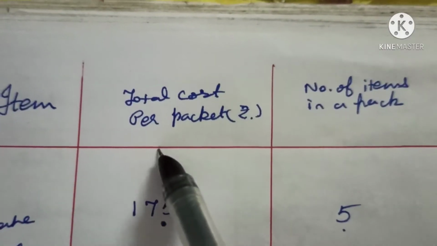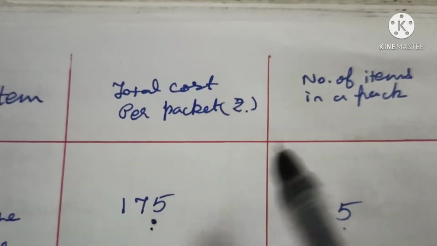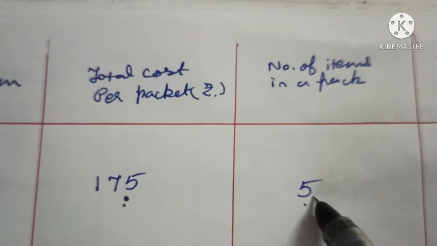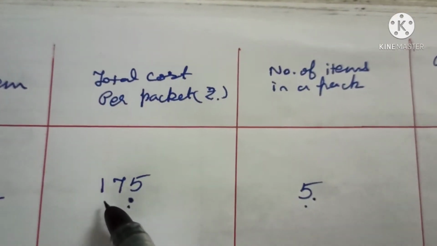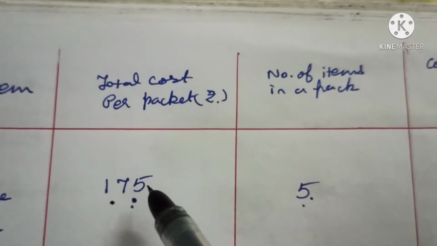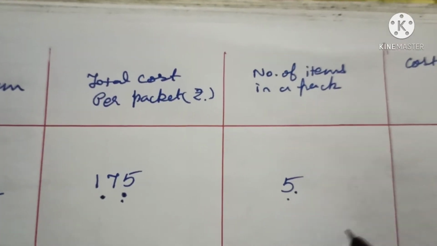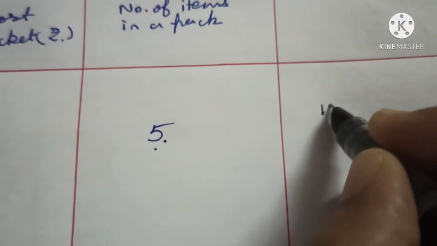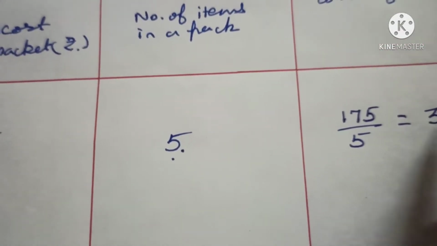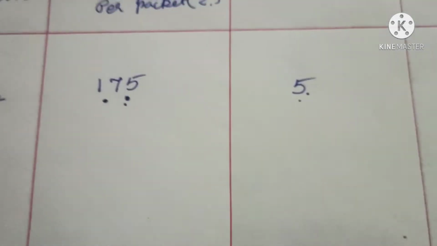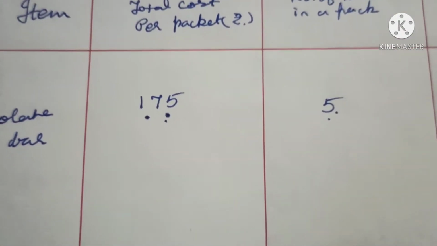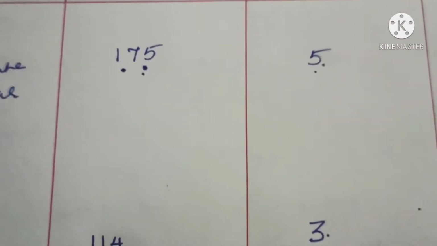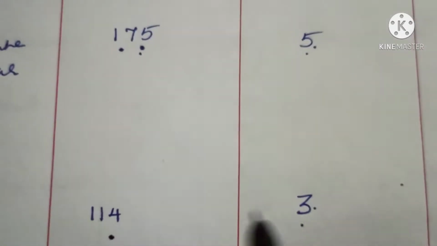Here the total cost per packet is 175 and number of items is 5. So 5 items is equal to 175, which means you have to find out the cost of 1 item. That means you have to divide 175 by 5, which is equal to 35. And here number of items in a pack is 3 and the cost is 114.